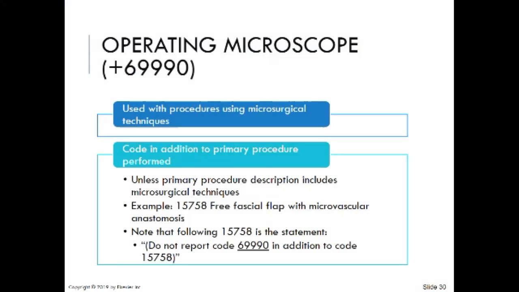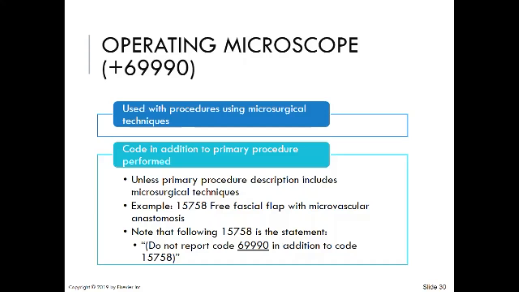So, the operating microscope, 69990. It's used with procedures using microsurgical techniques. Code in addition to the primary procedure performed, unless the primary procedure description includes the microsurgical techniques.